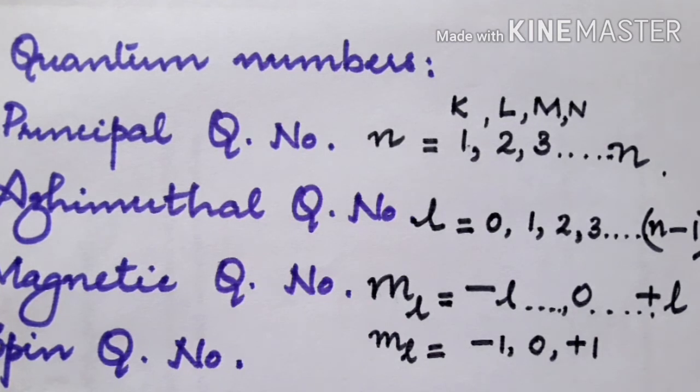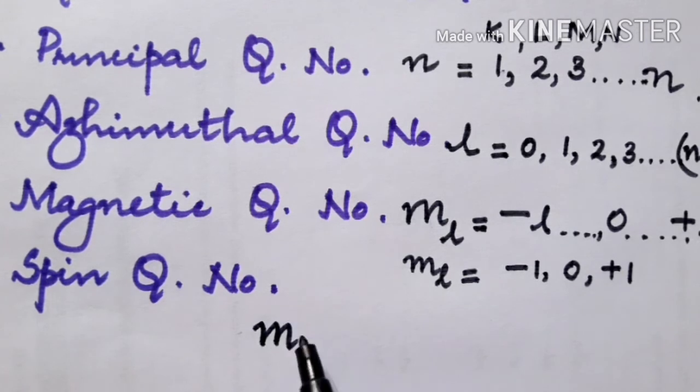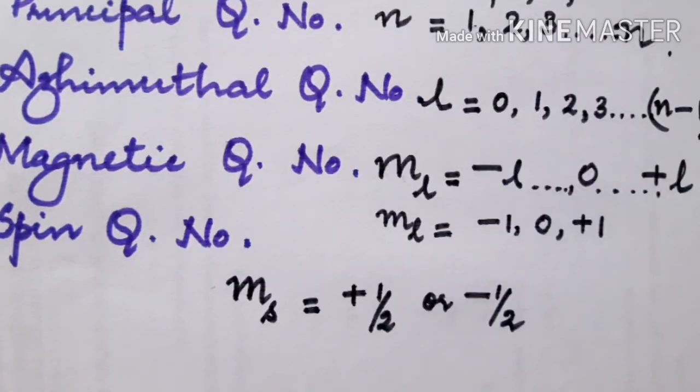Coming to the last type of quantum number, which denotes the spinning of the electrons, that is known as the spin quantum number, designated by the letter MS. MS can have only 2 values. If it has a clockwise spin, it is plus half, and if it has an anti-clockwise spin, it is called negative half.